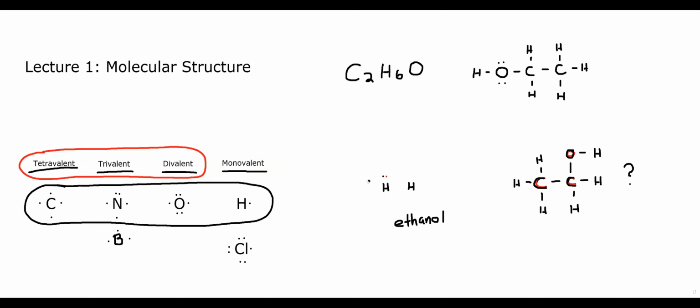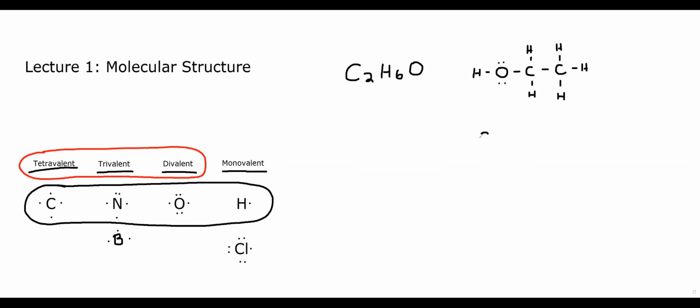So we could draw another unique molecule using the same molecular formula here. What would that other molecule be? Well, let's draw a carbon to start. And instead of connecting this to a carbon, I'm going to connect it to the oxygen and then the carbon.